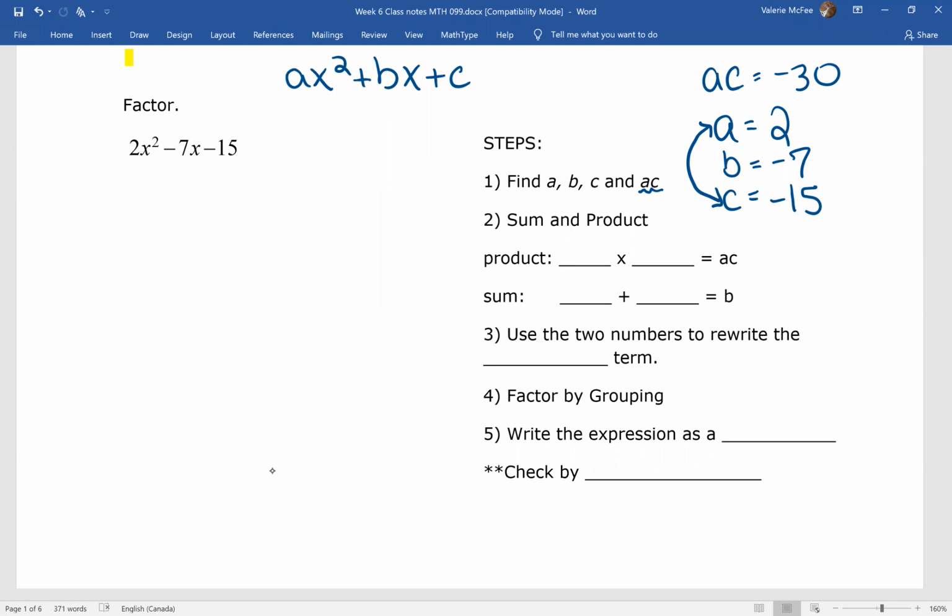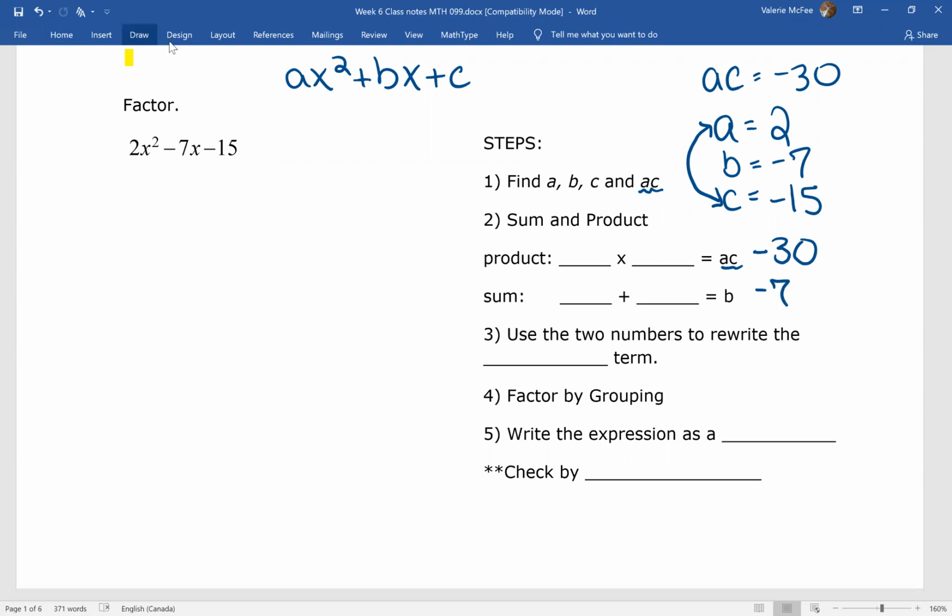Now we had those sums and products worksheets that we talked about last week. I hope you've been practicing those. We're going to use that idea of sums and products now when we factor quadratic trinomials. So here we're looking for two numbers that have a product of a times c, a product of negative 30, and two numbers that have a sum of b, negative 7.